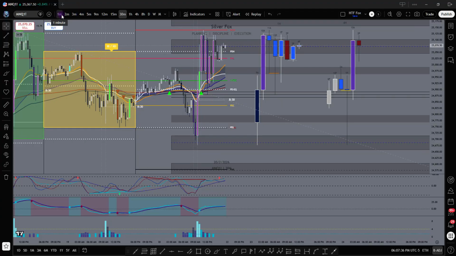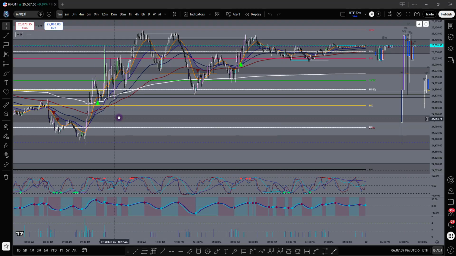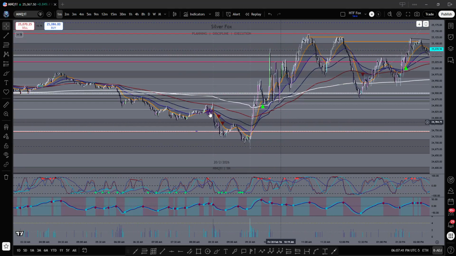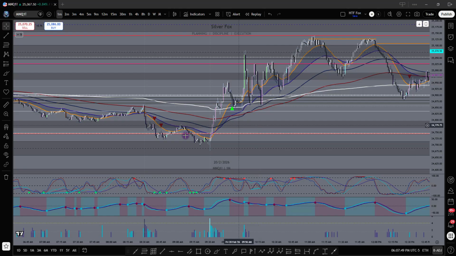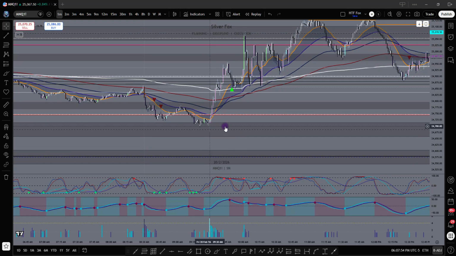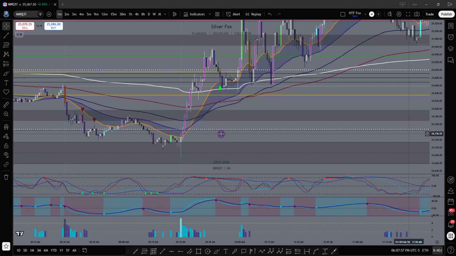So what you want to do is jump down to your entry time frame and see what the charts are looking like. We didn't have compression with the EMAs, it was just kind of punching down. Then right here you have a high time frame sweep with the hourly candle. Let's zoom in on this.